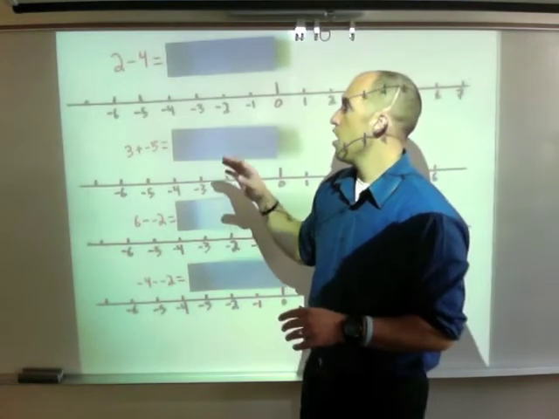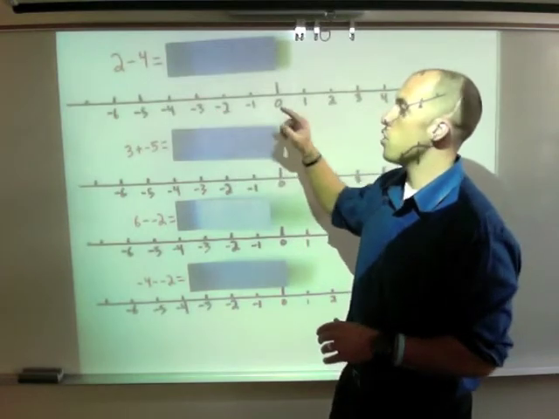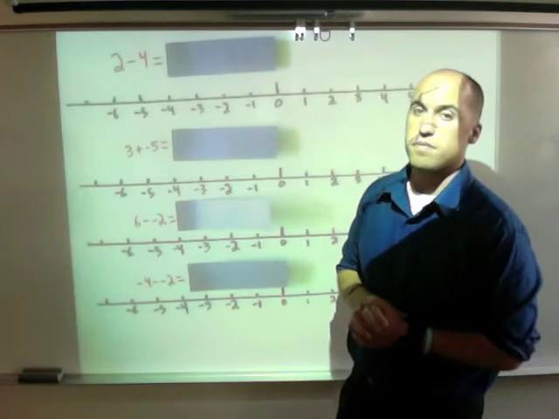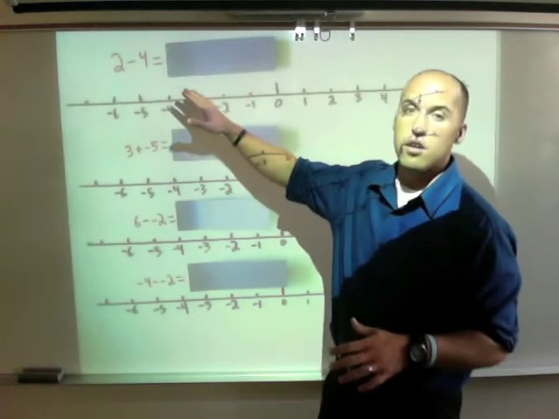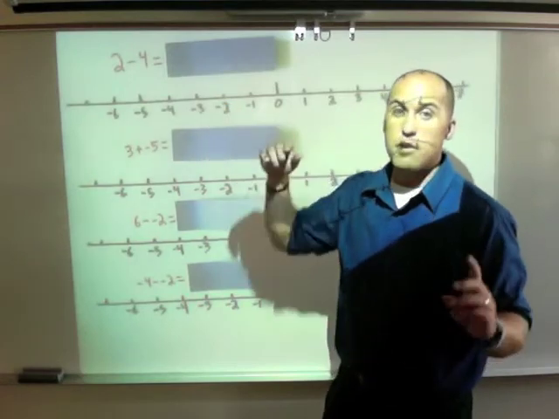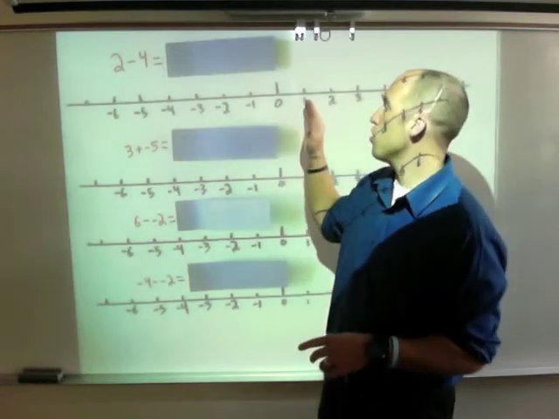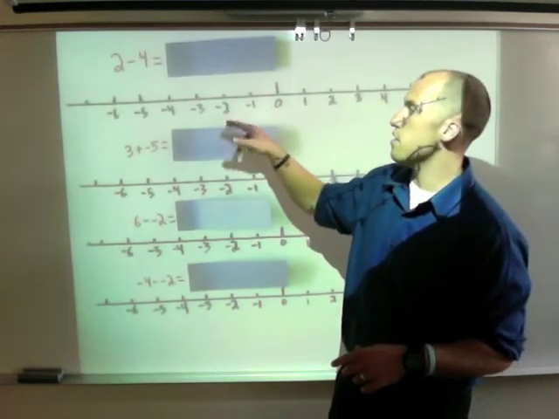What we have here is 2 minus 4. I want you to give it a quick guess. Before I unveil what 2 minus 4 is, I'm going to go over to my document camera right next to me and draw where we should start at 2 and go over 4 spaces to the left side.